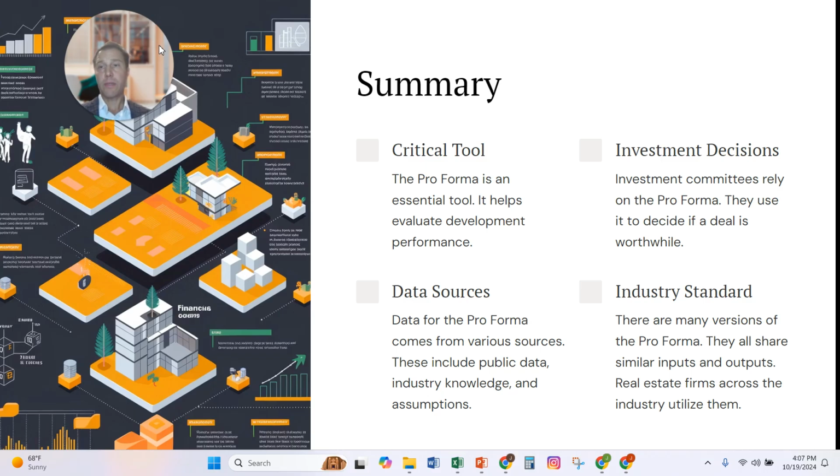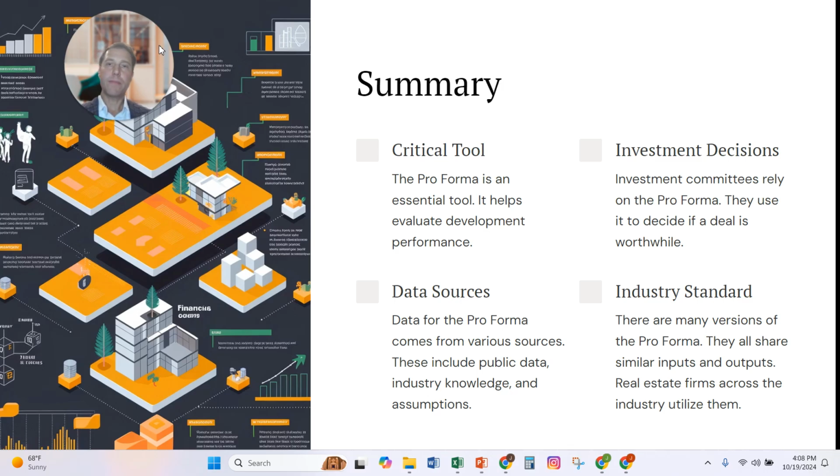It's used by investment committees. I've been presented with a couple of these opportunities that developers will come and pitch their property, show their returns, and they're using a Proforma to really pull out the data that they've analyzed and put it into a deck that's presented to investors.